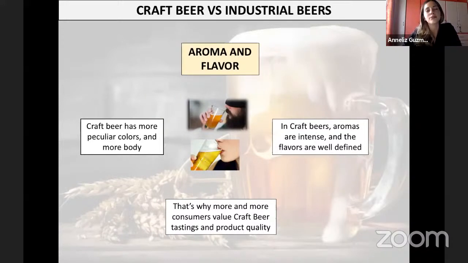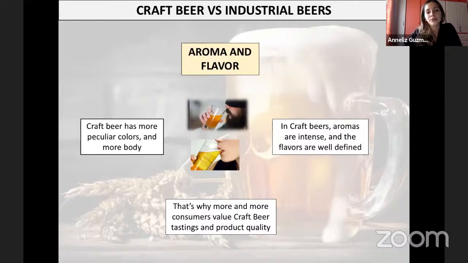You can feel different aromas. For example, you can feel chocolate if it's a dark beer. You can feel coffee. You can feel toffee if it's a light beer. You can feel toasted bread. You can feel the malt, literally the malt.